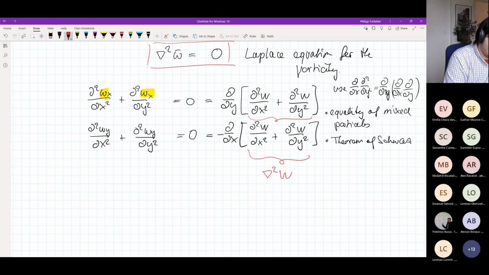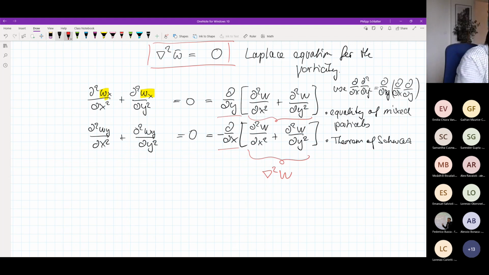But now you see that the y derivative of this Laplace and the x derivative of this Laplace, both of them are 0. And of course that means, if it's only a function of x and y and both partial derivatives are 0, it means it's constant.